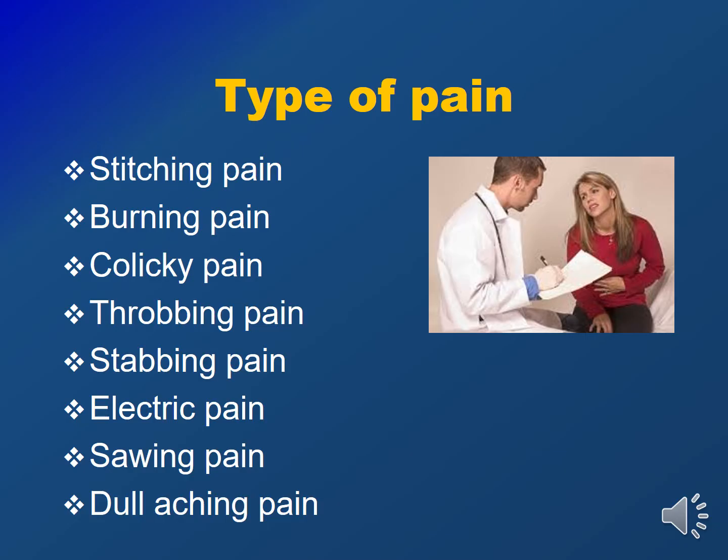Most organomegaly, stretching of the capsule, like hepatomegaly and splenomegaly, causes dull aching pain. There is another type of pain which is not really pain, but stretching or heaviness. Heaviness due to splenomegaly, for example, is caused by stretching of the ligaments which hold the spleen down.